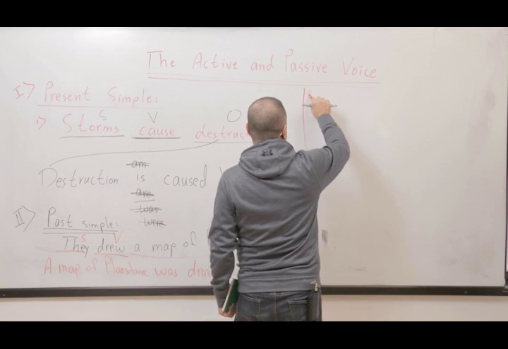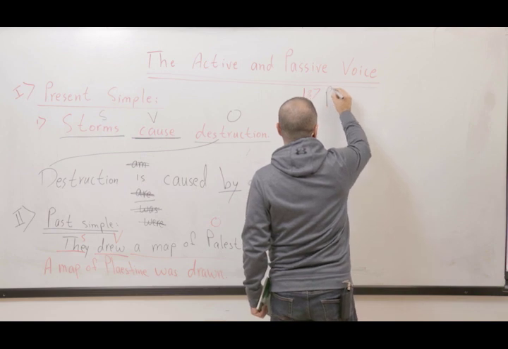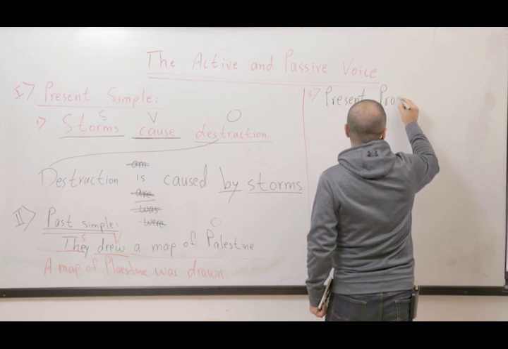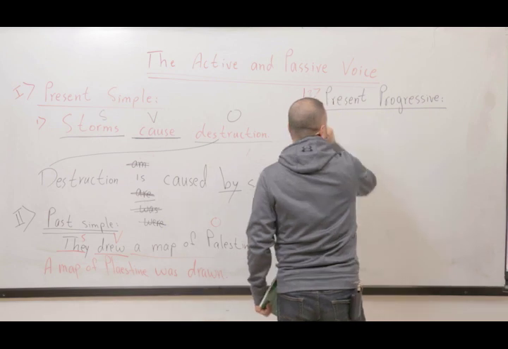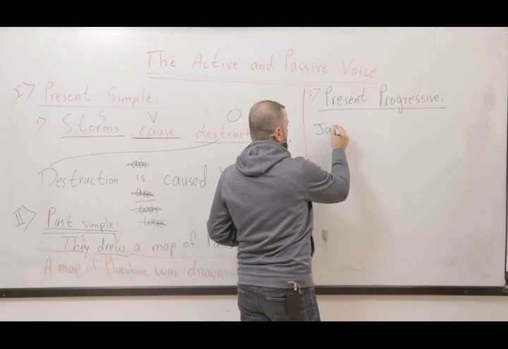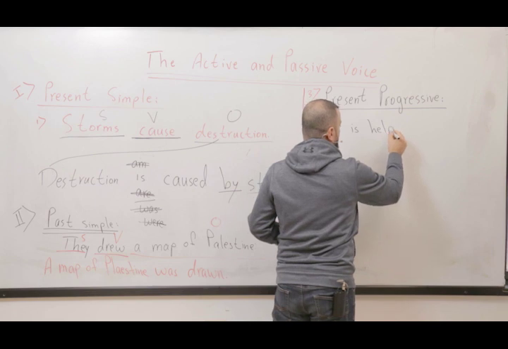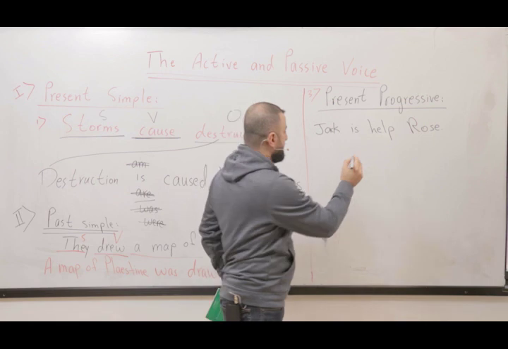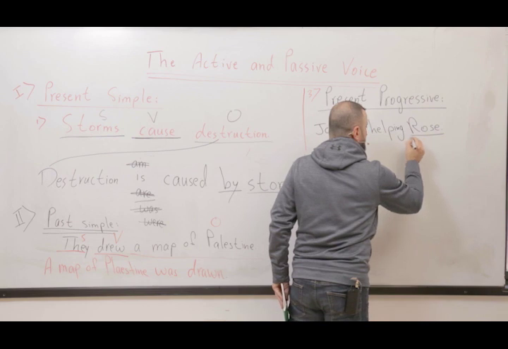The third rule about active and passive is the present continuous, or present progressive. For example, Jack is helping Rose. First of all, we have to put Rose here.